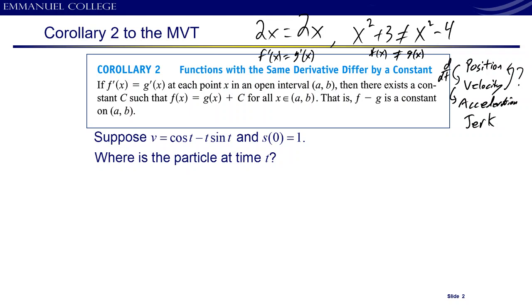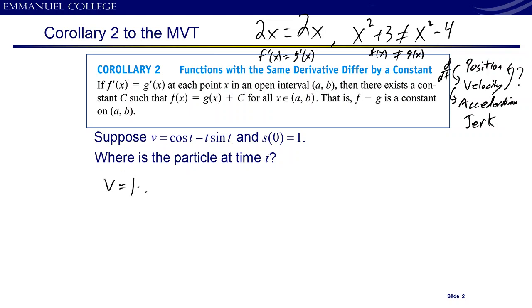So what I'm going to do is I'm going to look at this function first. So cosine of t minus t sine of t. And if I look at it and I kind of think for a minute, I can see that, okay, this is v.